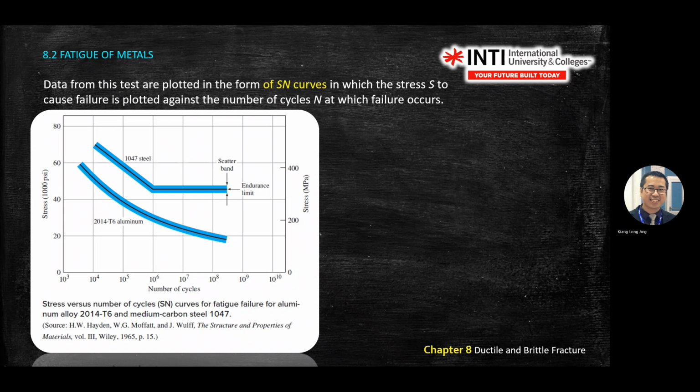So if you can, you go and find the SN graph for the material. And then you have the number of cycles, right? You have sample 1, 2, 3, but with different dimensions, but it will be within a range.